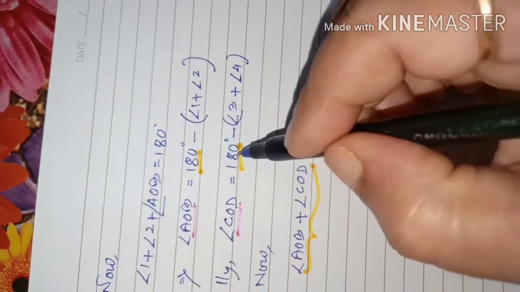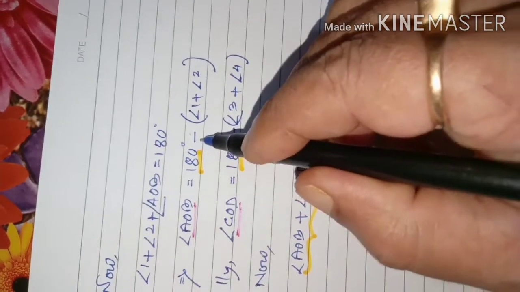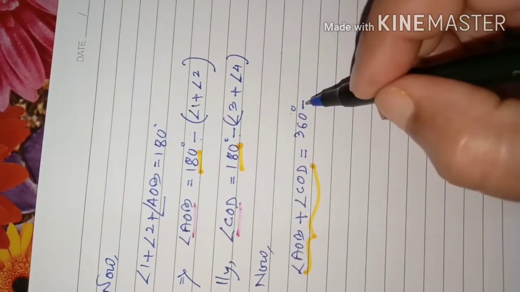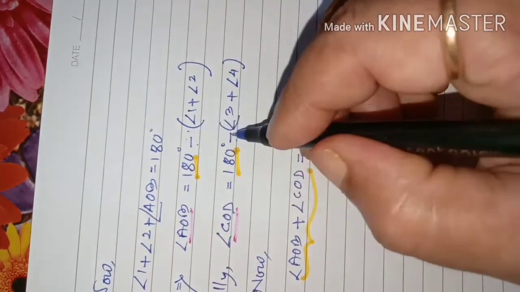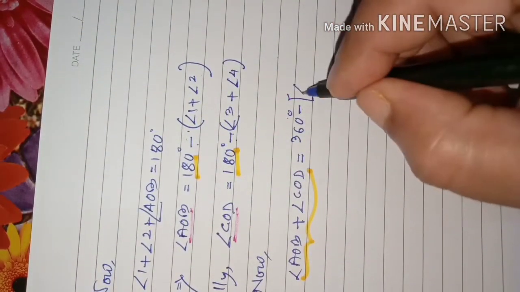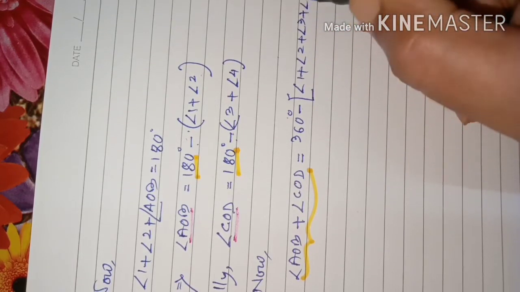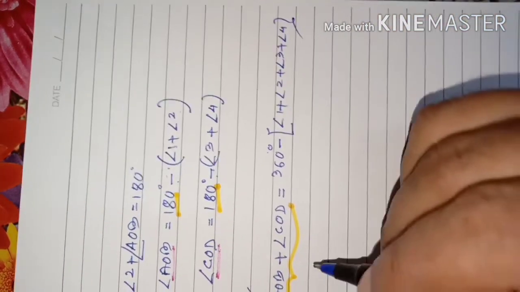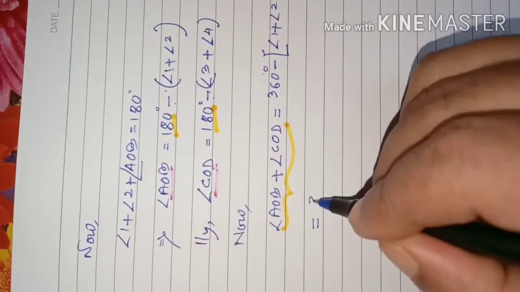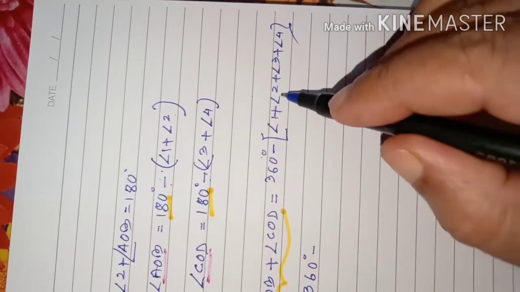Here there is a minus and here also there is a minus, so use this minus as a common factor. Inside we get angle 1 plus angle 2 plus angle 3 plus angle 4. So I am writing here 360 minus angle 1 plus 2 plus 3 plus 4.